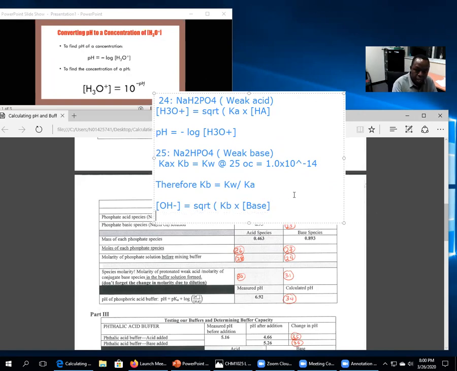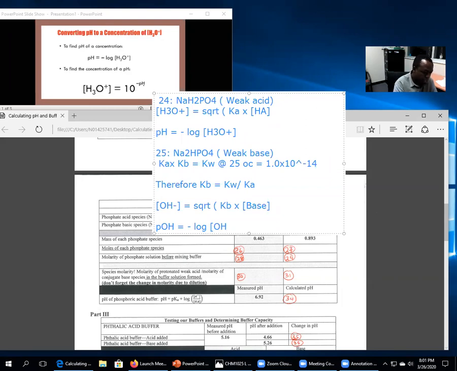Then from there, pH plus pOH equals 14. Therefore, pOH equals negative log of the hydroxide concentration.